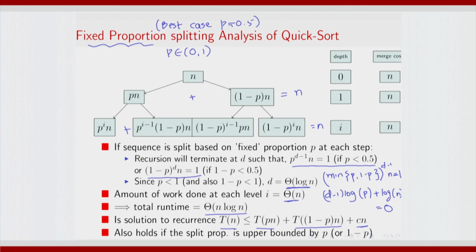This also holds if the split proportion is upper bounded by p. So it may not happen that the split proportion is always p or 1 minus p, but as long as there is an upper bound to that proportion which is p or 1 minus p, this analysis holds.